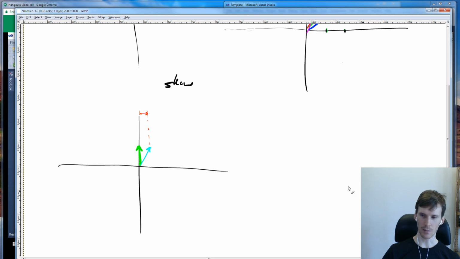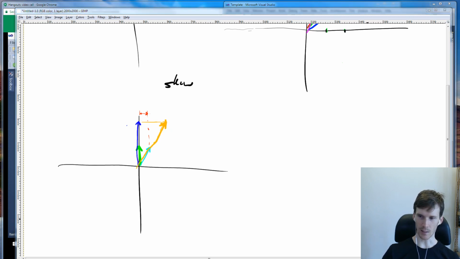And so if perhaps we had a different vector, this one, it will tend to skew out. Well, it won't tend to skew out. Like this particular matrix might skew it out to there.